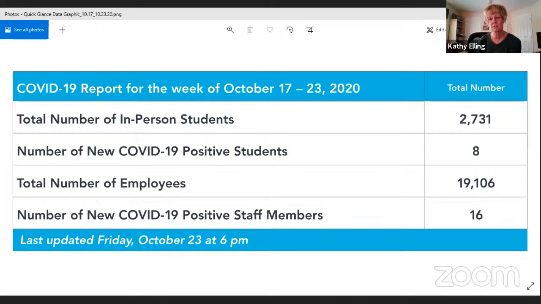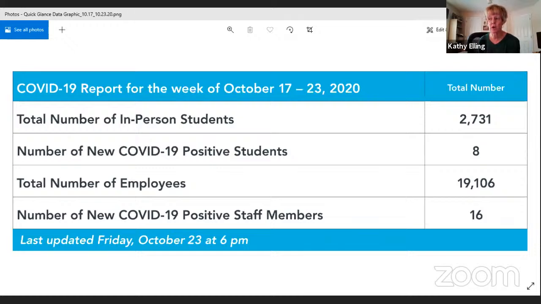Next week, when we show this dashboard at the end of our first full week of K-5 instruction, you would see that number reflect the addition of K-5 students. Right now, with the numbers of students we have for in-person instruction, we have 8 positive cases that represent this week's period of time.